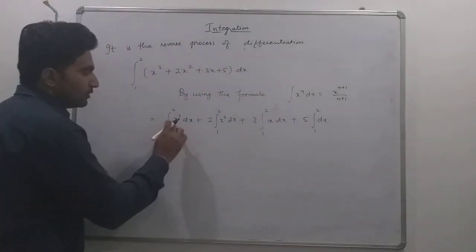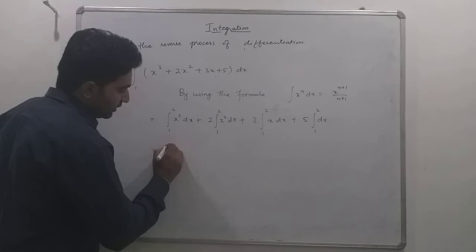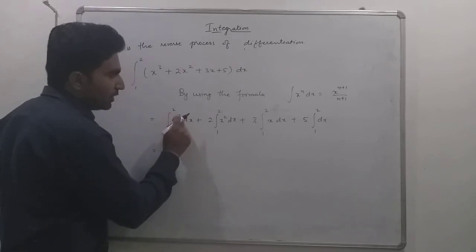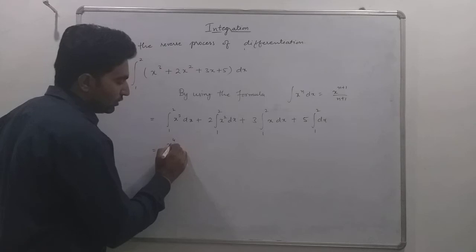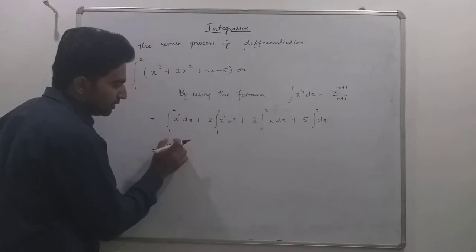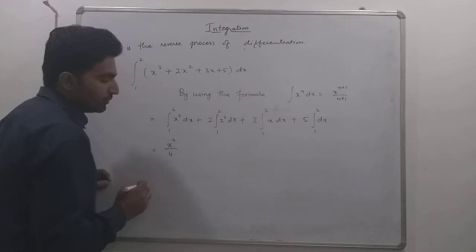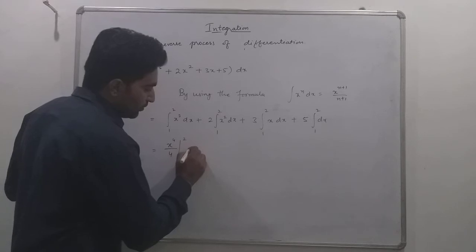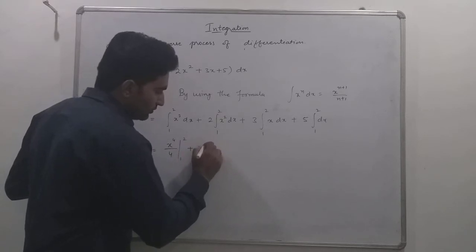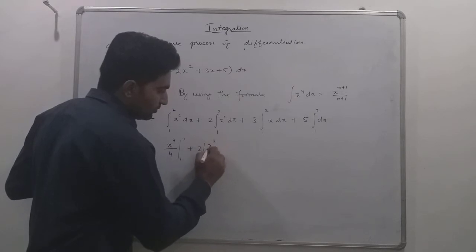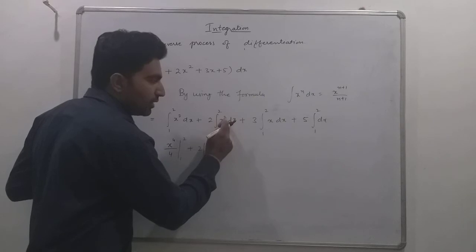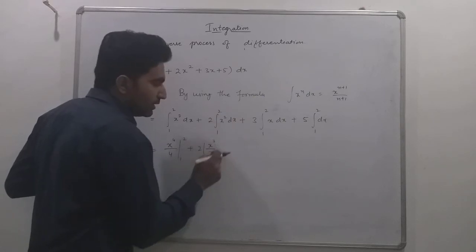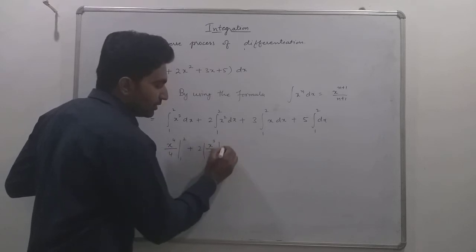Okay, integration of x raised to power 3 will be equal to x raised to power 3 plus 1, which is 4, divided by the new power 4, with limits from 1 to 2. Plus 2 times integration of x square, which will be x cube divided by 3, because one power is added and we divide by the same power.